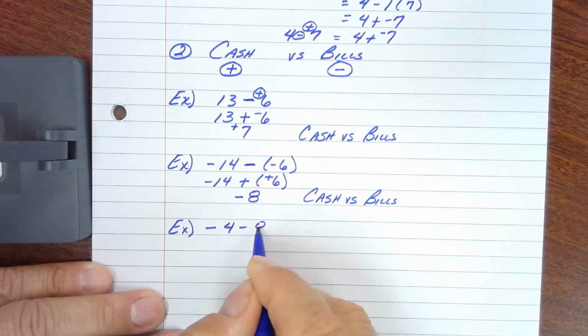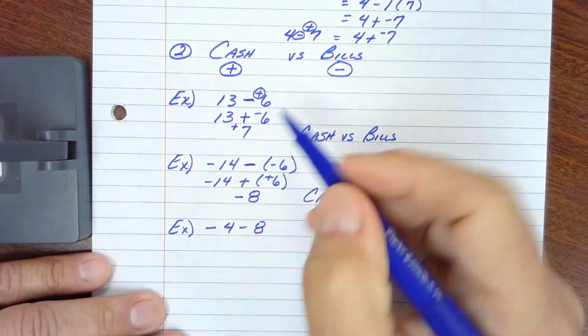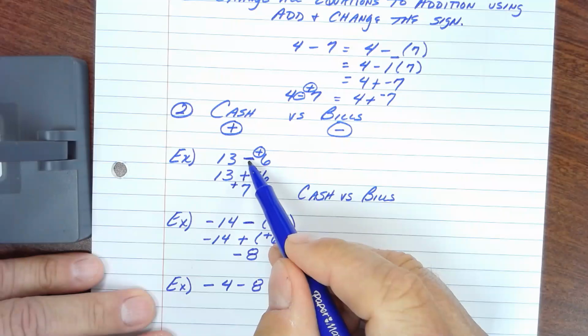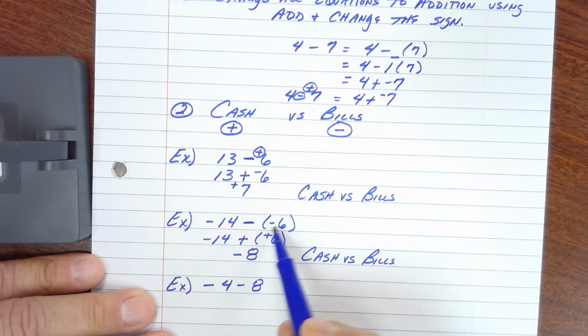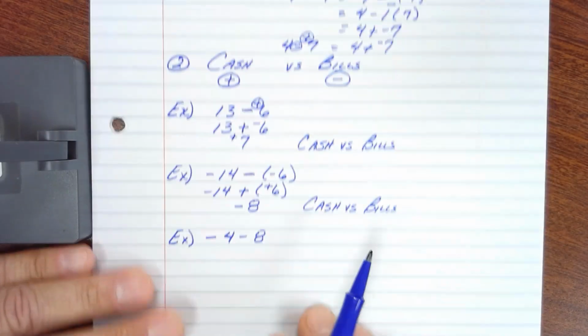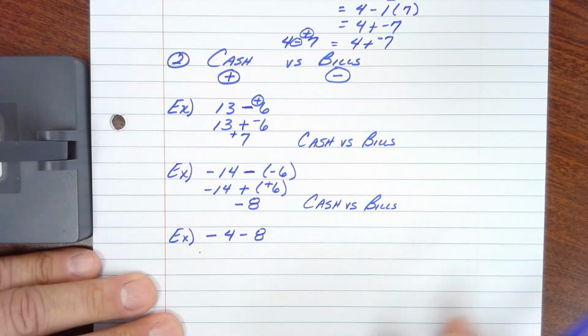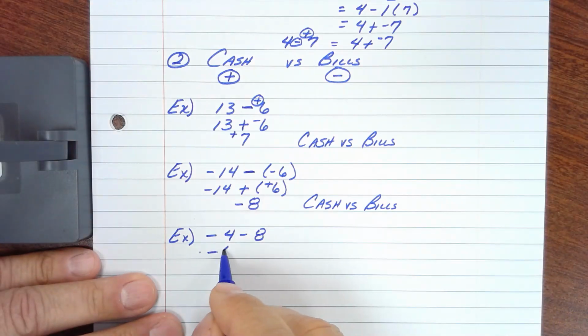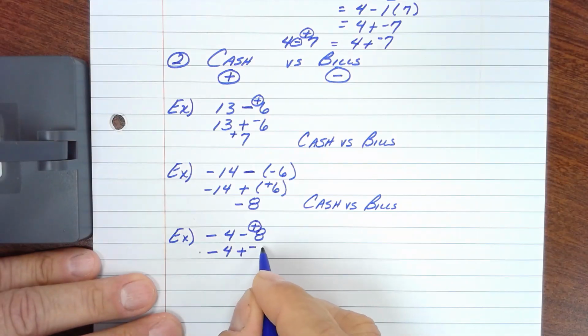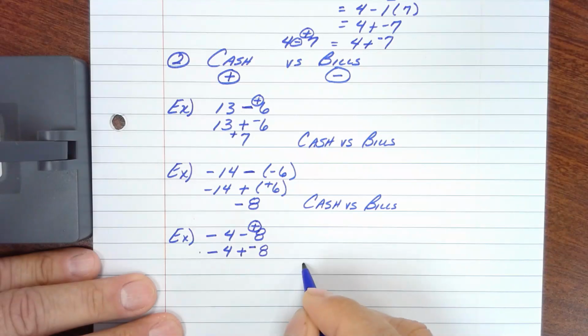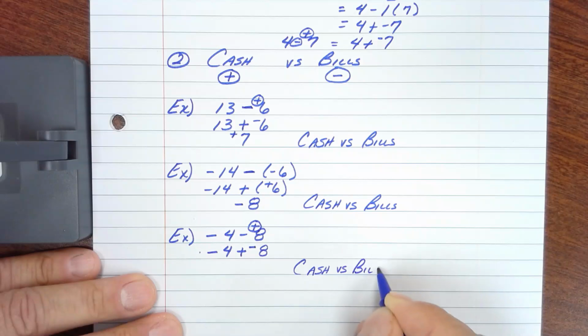-4 minus 8. Again, a different configuration. We have one subtraction sign here. We have two numbers that are negative here. We have negative minus a number here. And we're again going to change this sign to a plus. And remember, this charge, even though there's nothing written there, is a positive. So I'm going to change that charge. And then I ask myself, cash versus bills.